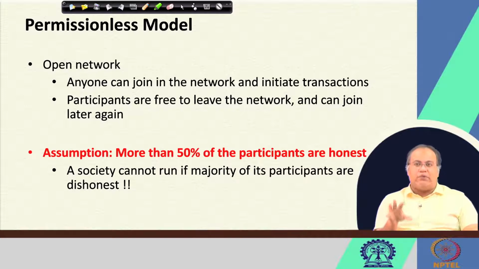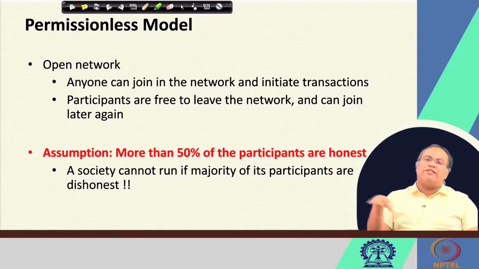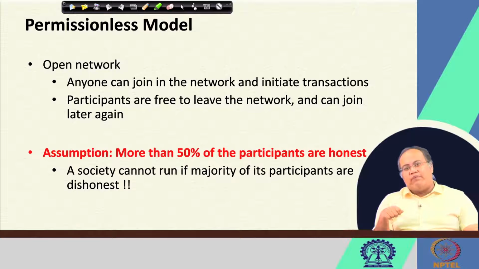In a small network or a community network, this is very difficult to ensure, because it would be much easier for an attacker to gain control over more than 50% of the participants. But if your network has millions of users, then it will be very difficult for the attacker to gain control of more than 50% of its participants.